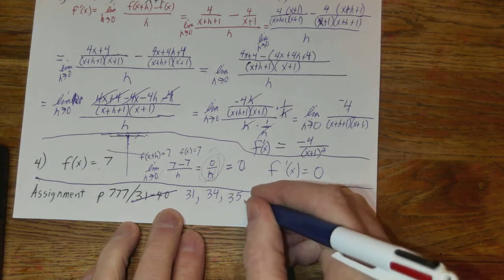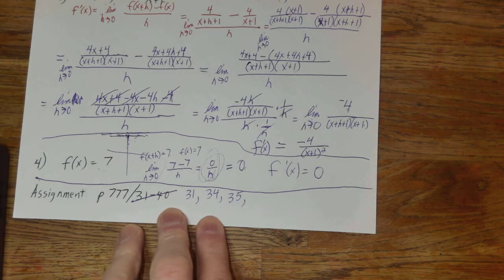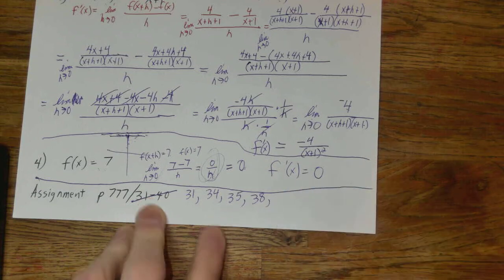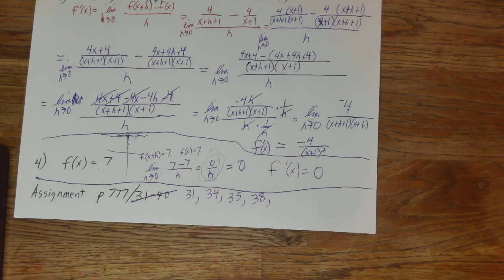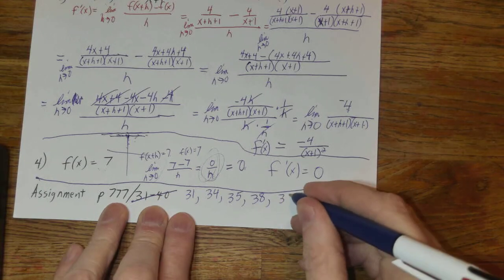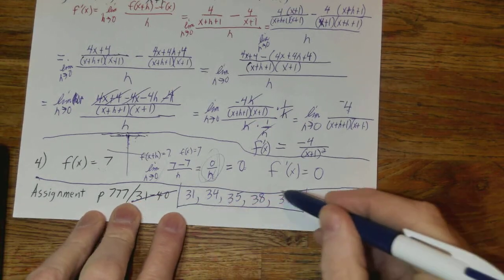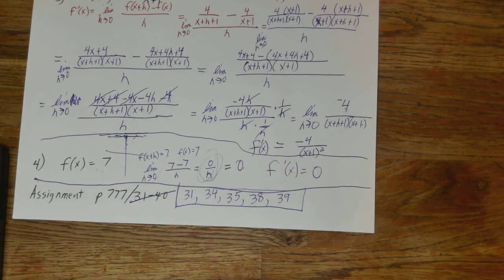Let's do 35. Then let's do 38. And then let's do 39. Okay. So, there you go. 31, 34, 35, 38, 39. That ought to be good.